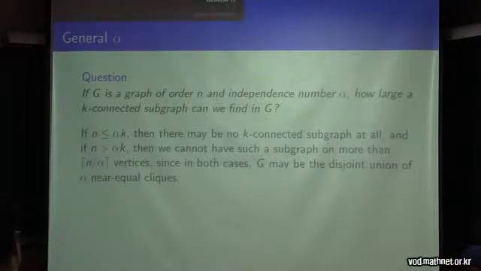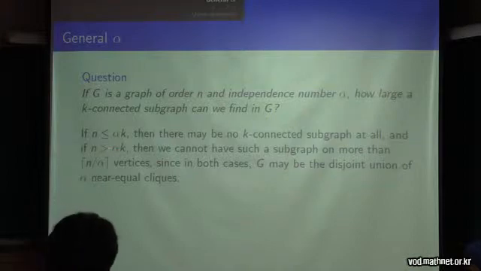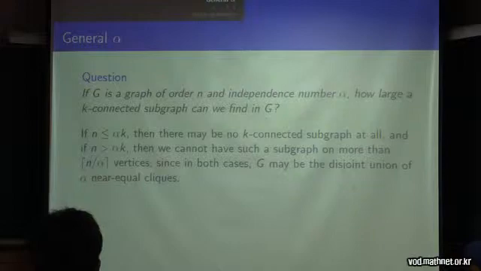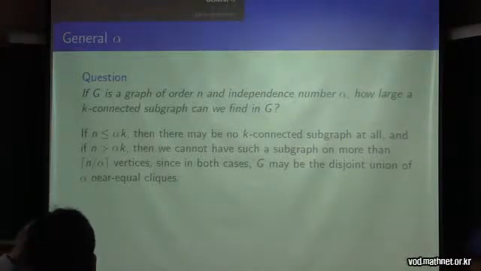So let's take a first observation. If we just consider taking alpha cliques, each about the same size, either ceiling or floor of n over alpha, and if n is at most alpha k, then we cannot get a k-connected subgraph at all.